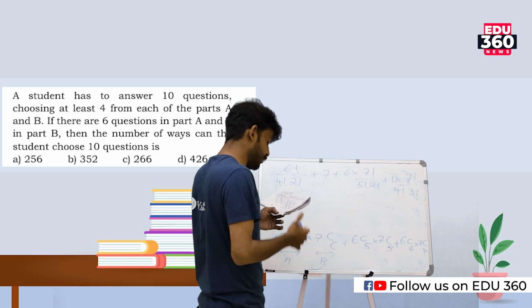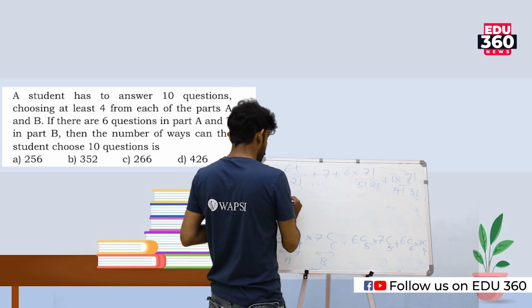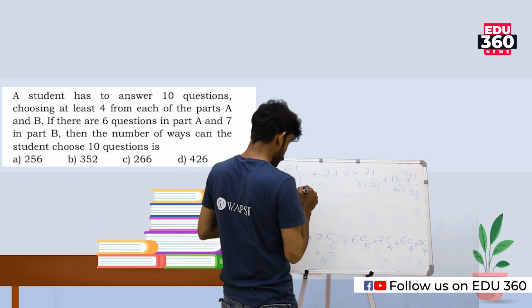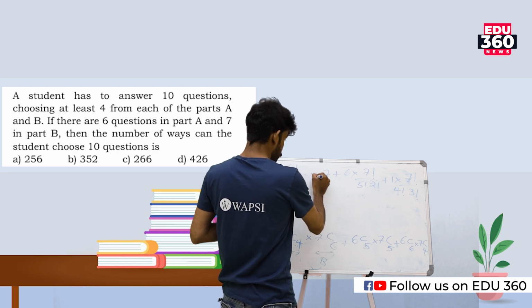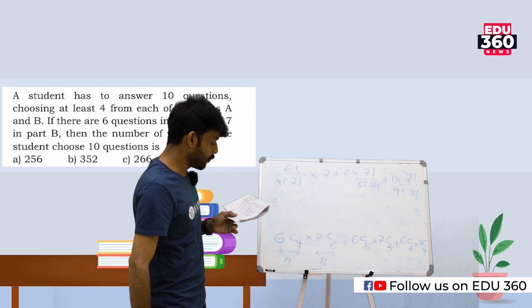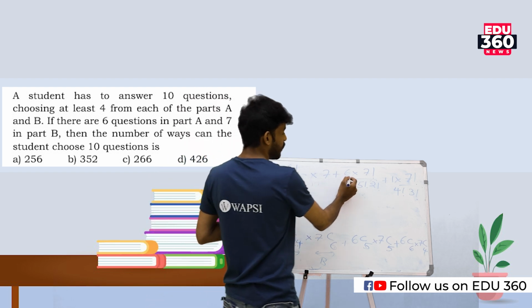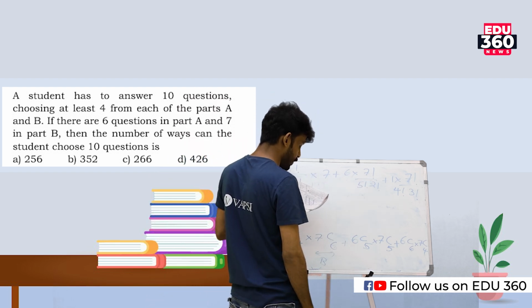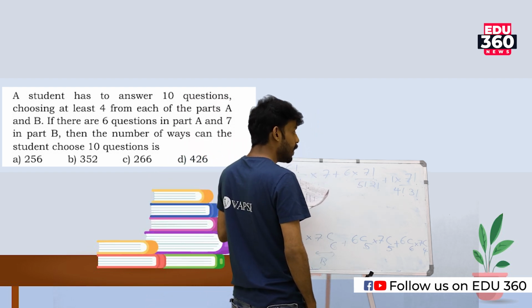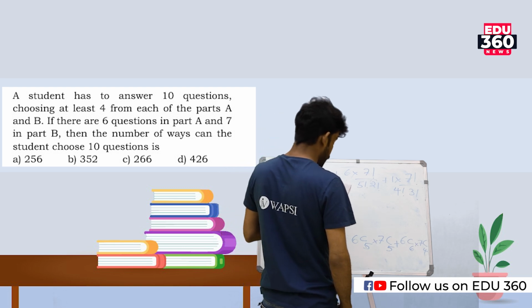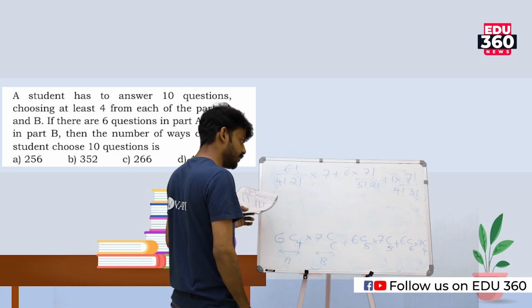So the final answer is 6 factorial divided by 4 factorial into 2 factorial into 7 plus 6 into 7 factorial divided by 5 factorial into 2 factorial plus 1 into 7 factorial divided by 4 factorial into 3 factorial.